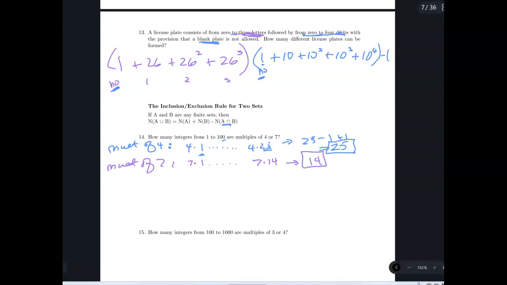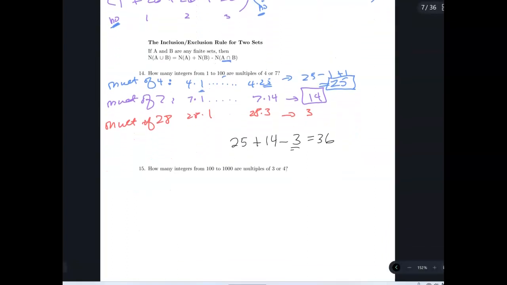Okay, so now what I have to find is the multiples of 28, because that's going to be in common. So I have 28 times 1, and I only can go to 28 times 3. So that means that there's 3 multiples of 28. So what I get for an answer is 25 plus 14 minus 3. So 36 multiples of 4 and 7, but after taking away the intersection.